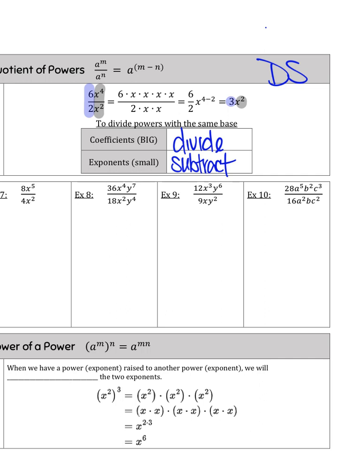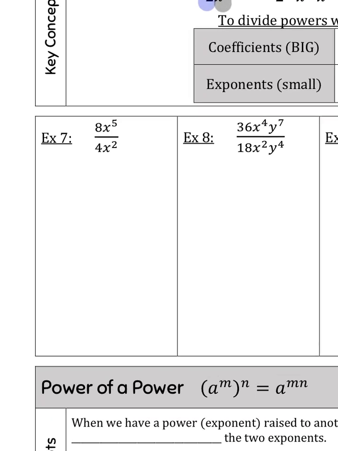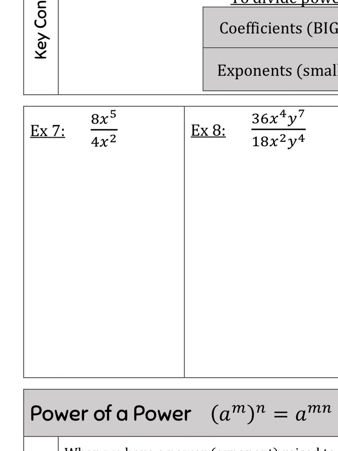Seems super easy. Let's look at example number 7 and let's try it together. I'm going to break down the first two, and then from there we're going to go on and just write the answer. So on example number 7, we have 8x to the fifth power divided by 4x to the second power. So the first part that we're going to break down is 8 divided by 4, and that is 2.